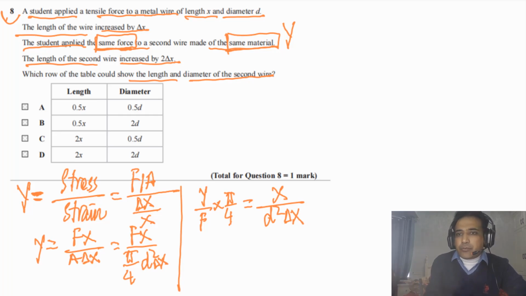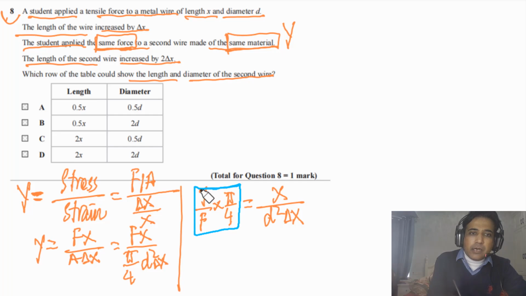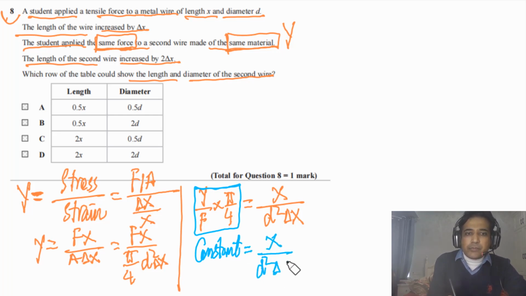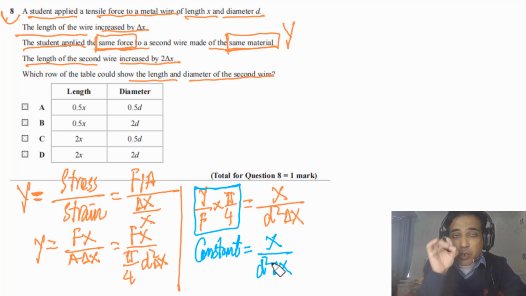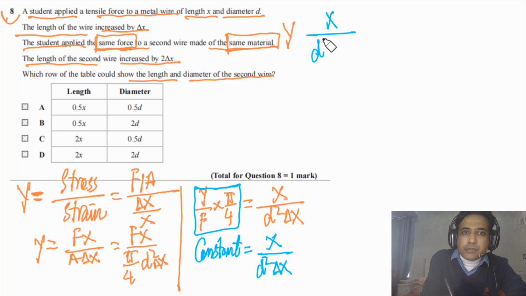But if you look at the left side, these quantities are constant. So simply we can say this will be equal to a constant, x over d square times delta x. It simply means that the ratio between these quantities for two wires is constant. So for one wire we have x over d square times delta x.